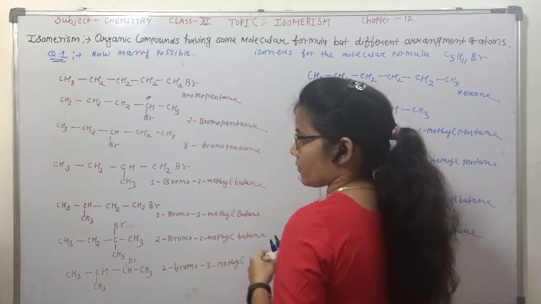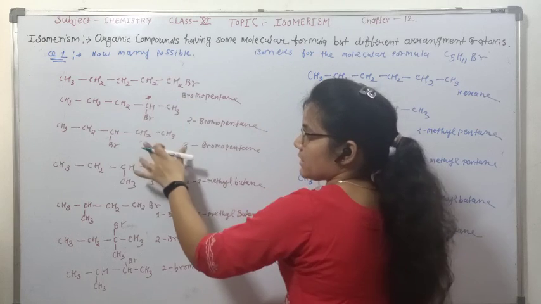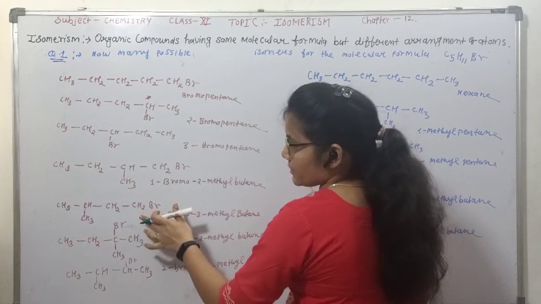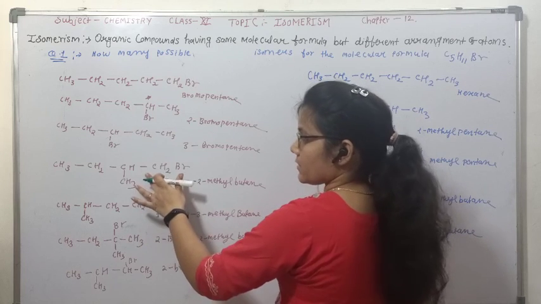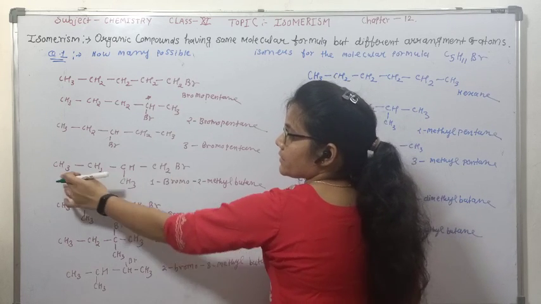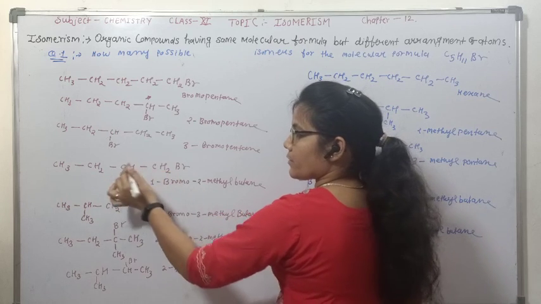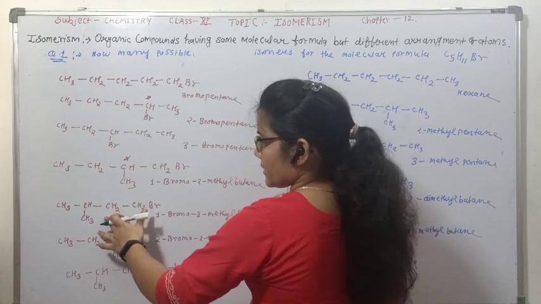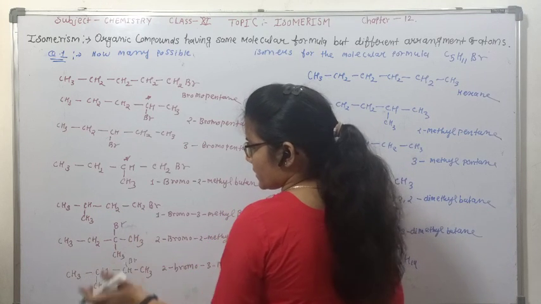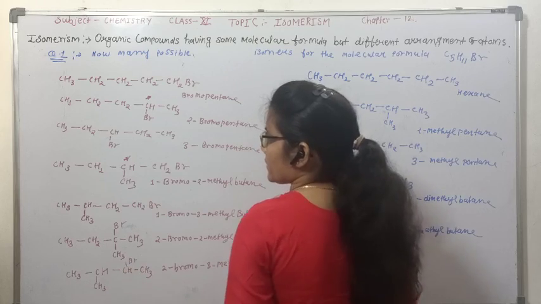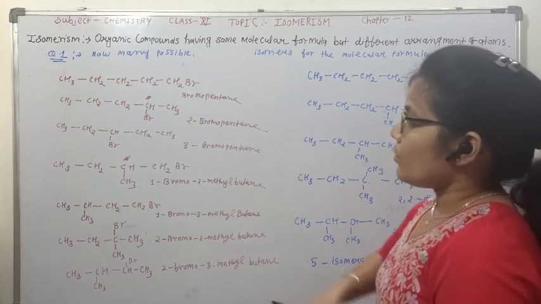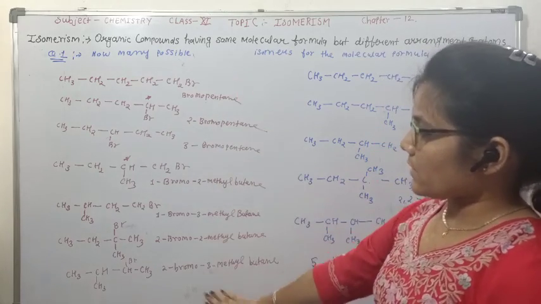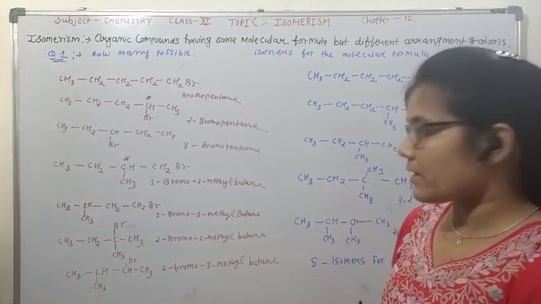Now here there is no chiral center. Look at this. Here is a chiral center: ethyl group, methyl group, different group and H. So this one is a chiral center. For this one there is no chiral center, and here no chiral center. So we have 2 more structures for optically active compounds. So total 7 plus 2 is 9.